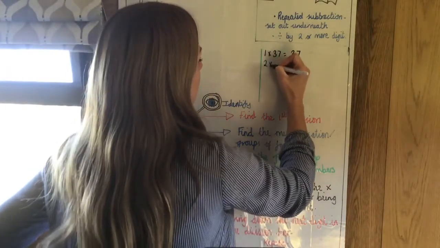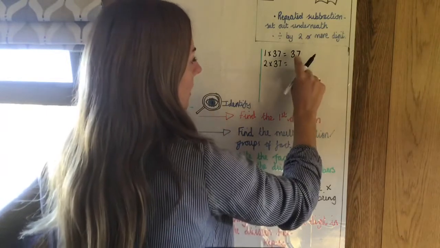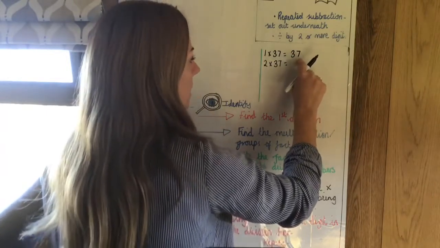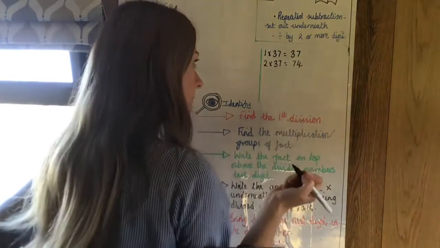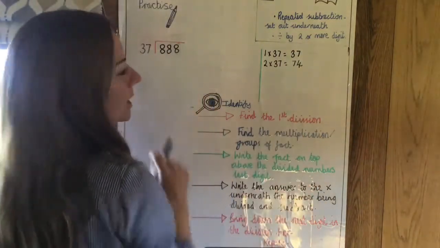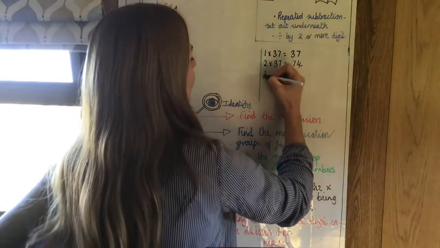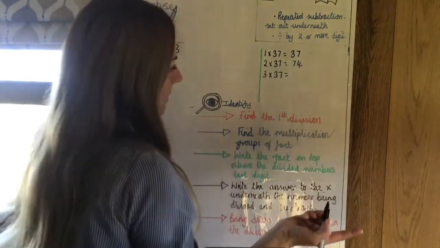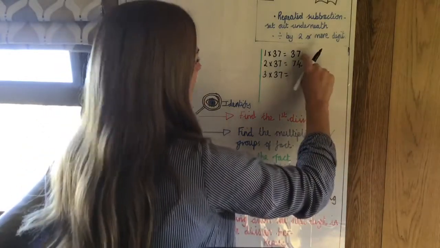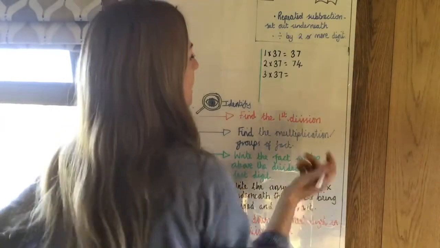2 times 37: to get 2 times I just double, so 30 doubled is 60, 7 doubled is 14, and add the 2 together and you get 74. Now that looks like it's going to be my answer, but I'll just do 3 times 37 to show you it definitely is the one. To do 3 times 37, I would add 1 lot of 37 to 2 lots, and then you're going to have 3 lots of 37.